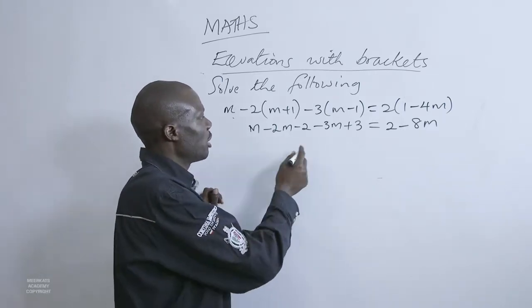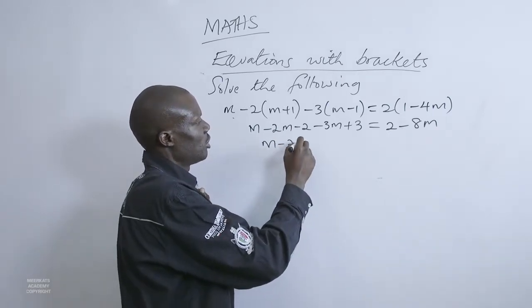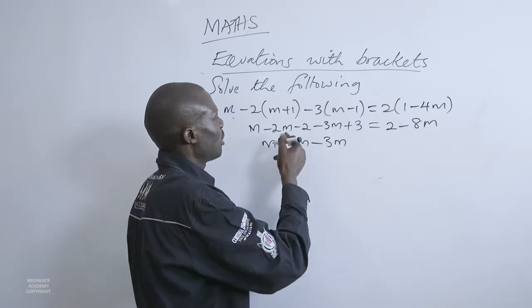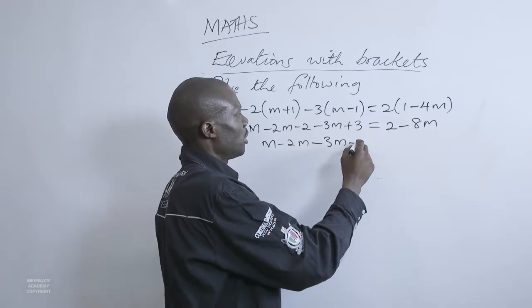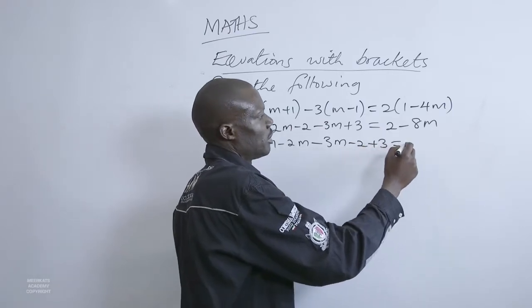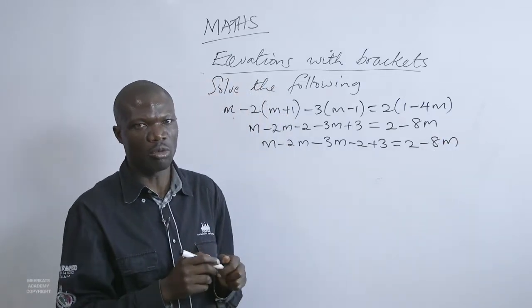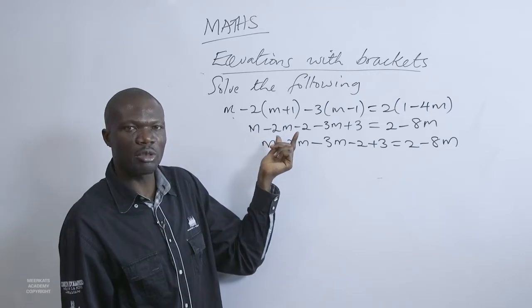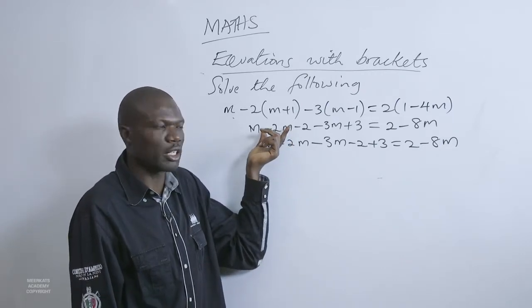So if we rewrite m minus 2m minus 3m, then we come to the whole numbers, minus 2 plus 3 is equal to 2 minus 8m. I'm only rearranging, and in rearrangement, as you collect like terms, each moves with the sign that comes before it.